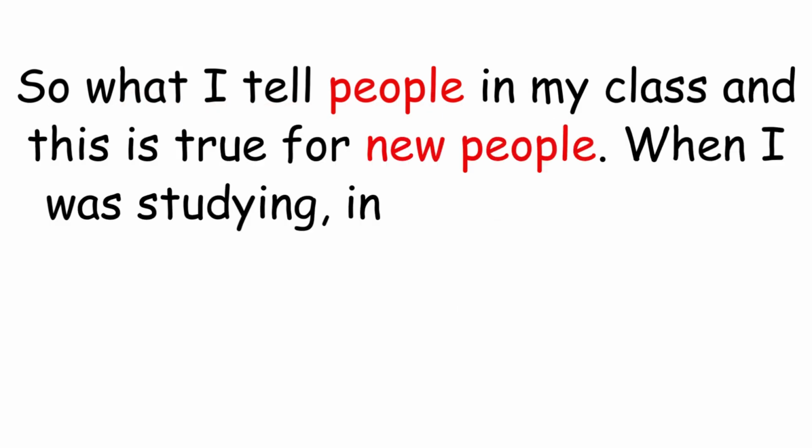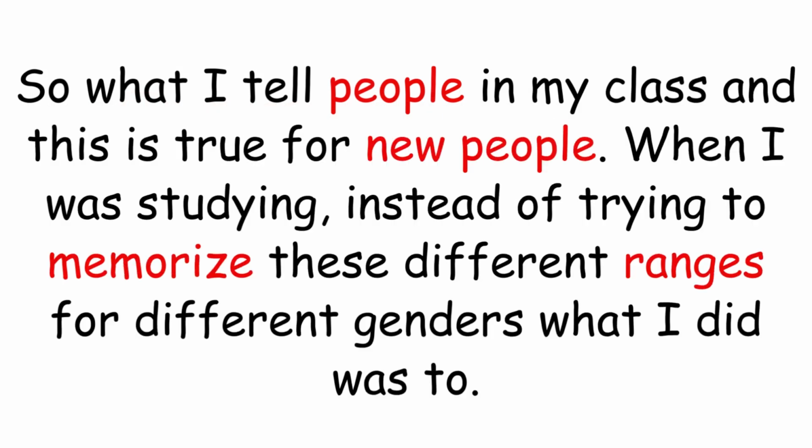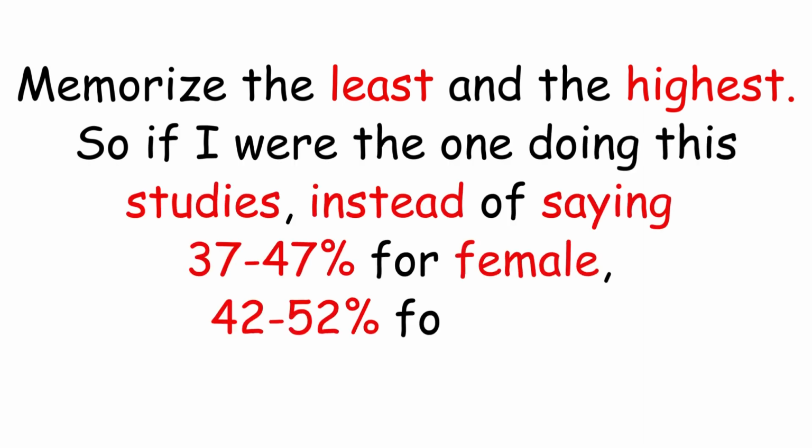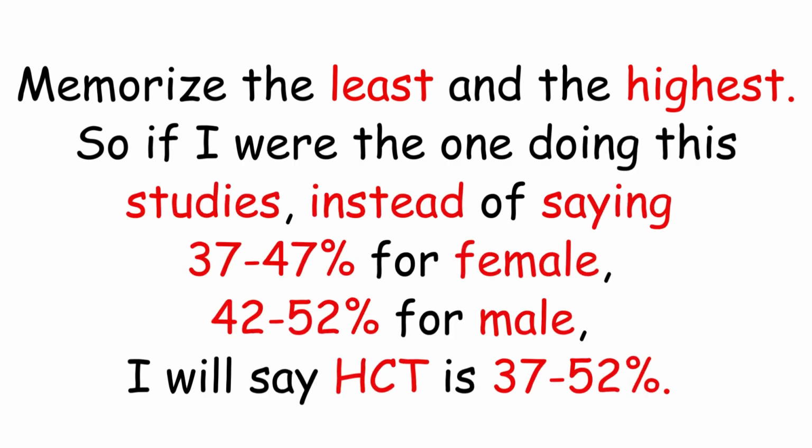So what I tell people in my class, and this is true for when I was studying, instead of trying to memorize these different ranges for different genders, what I did was to memorize the least and the highest. So instead of saying 37 to 47 for female, 42 to 52 for male, I will say HCT is 37 to 52%.